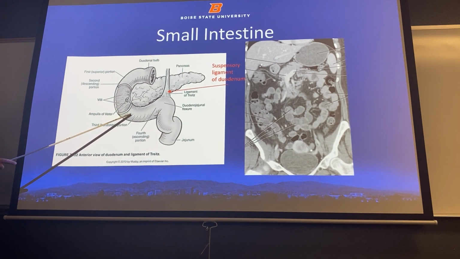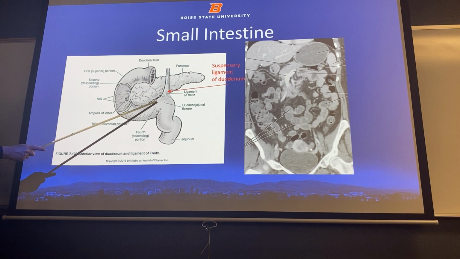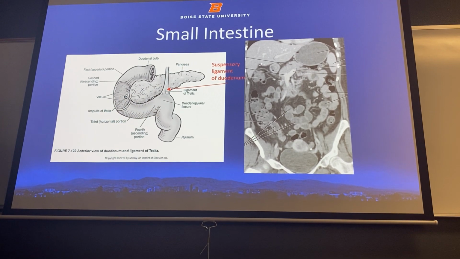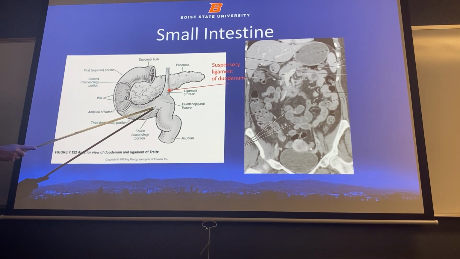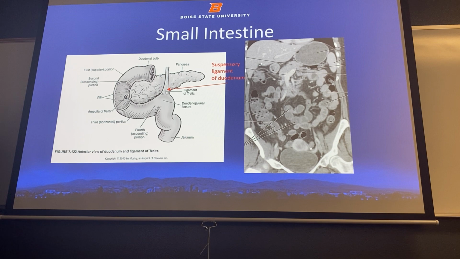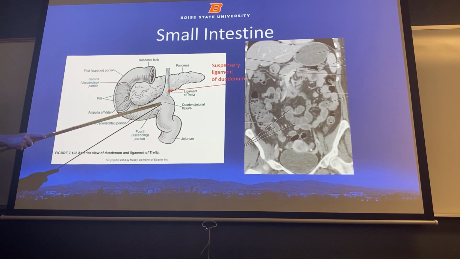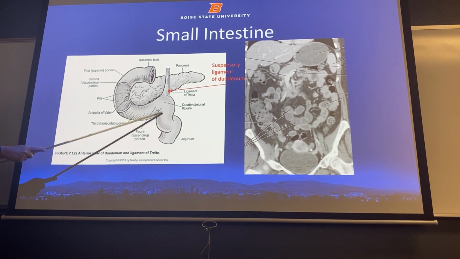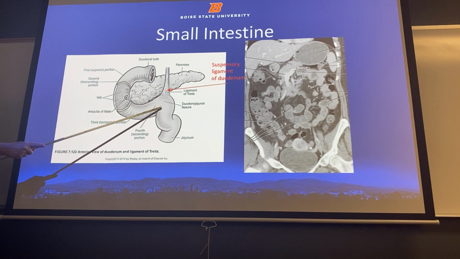Then it kind of goes into the horizontal portion up here, and then it dips up. Where it dimples off, oftentimes will be a landmark. And what you find is that this used to be called the ligament of Treitz. Now it's called the suspensory ligament of the duodenum. And this basically marks the transition between duodenum and jejunum, which continues from this point up. So you have that point of transition.